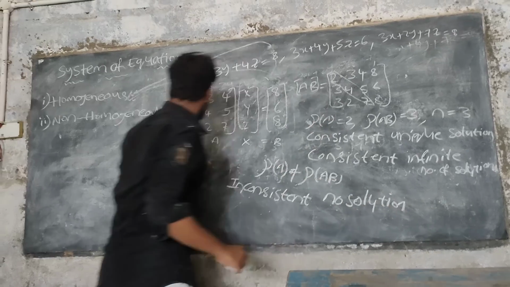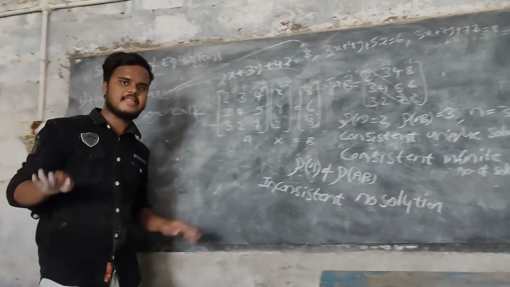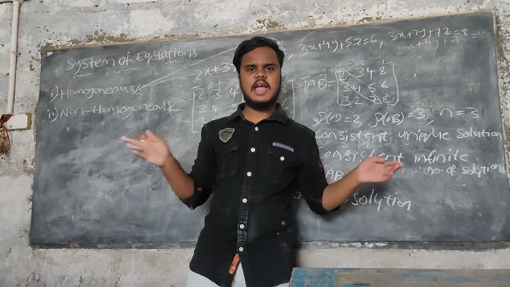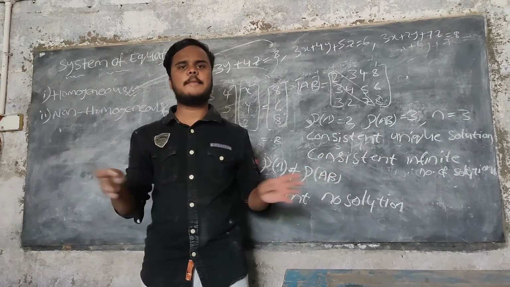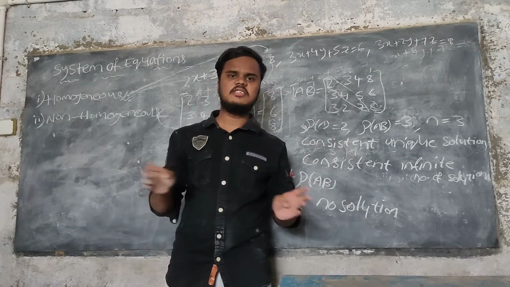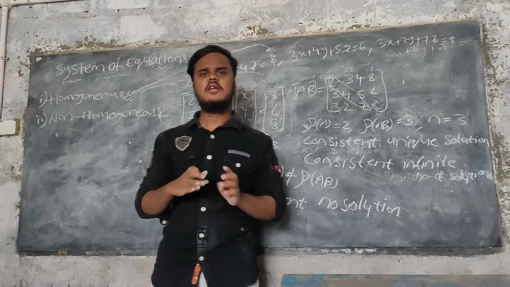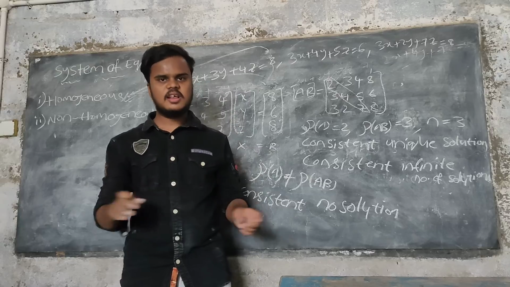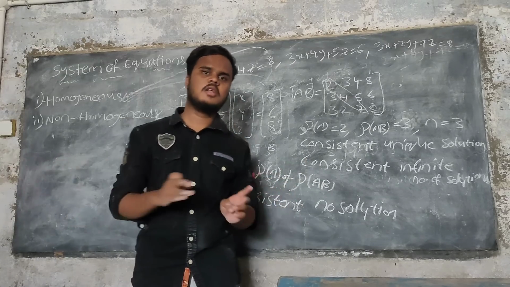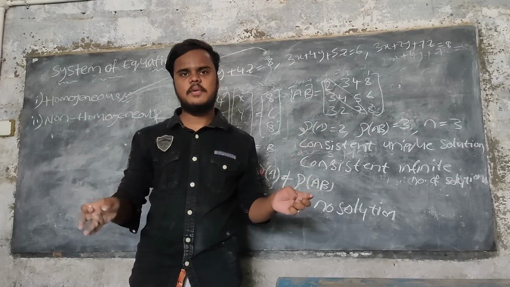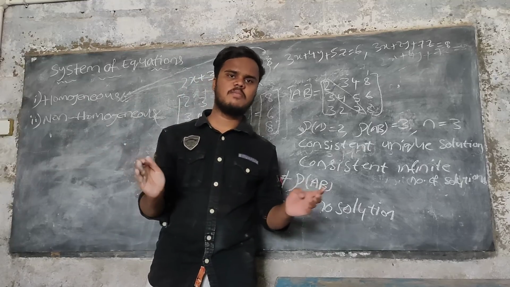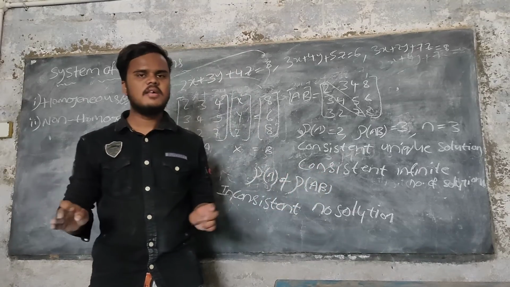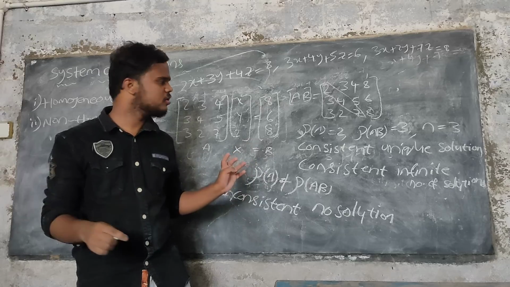So in non-homogeneous systems we have a total of 3 cases. If rank A equals rank AB and that equals the number of unknowns, the equation is consistent and has a unique solution. If rank A is not equal to rank AB, it is inconsistent and has no solution. If rank A equals rank AB but is less than the number of unknowns, the equation is consistent but has an infinite number of solutions.